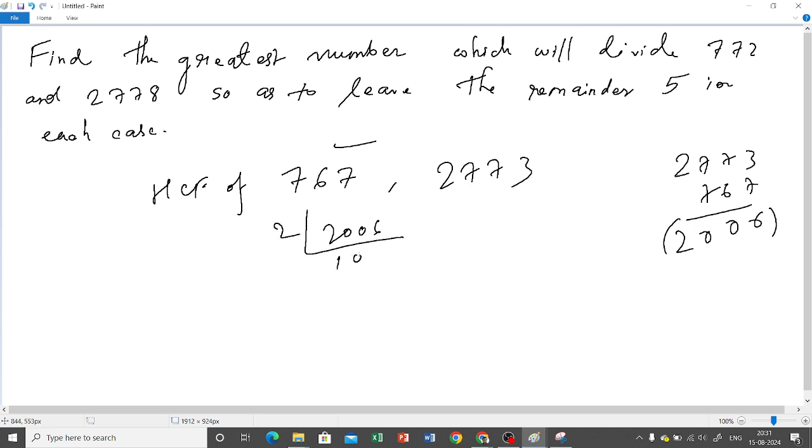So 1003, we do not go with 3. So let's check with 7. 7 also did not go. No, 11 also did not go.